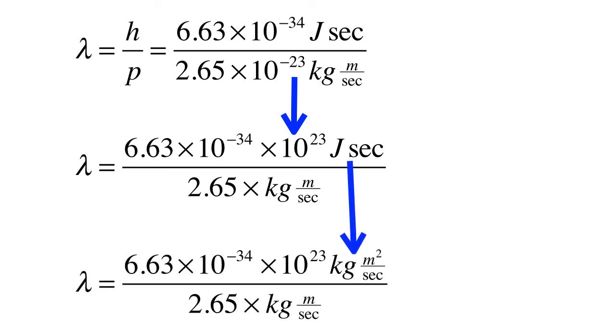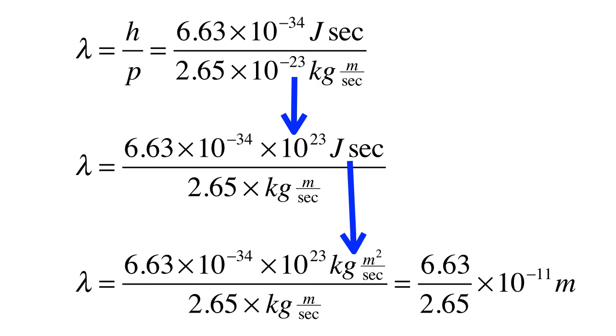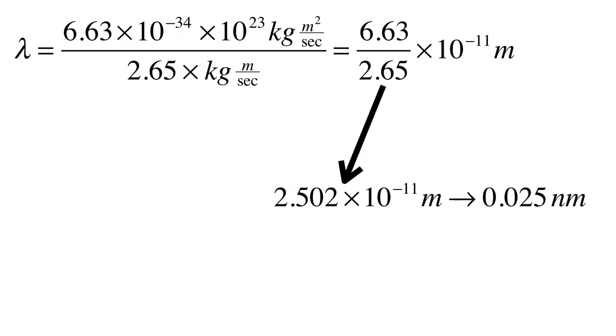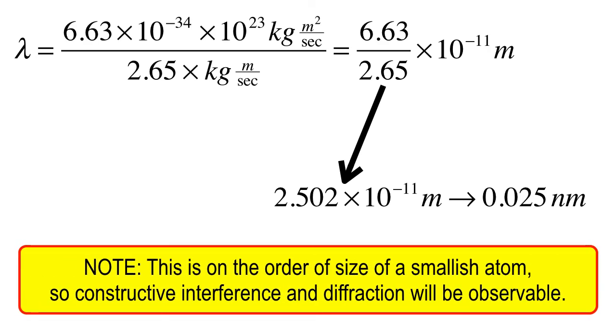So 10 to the minus 34 over 10 to the 23 is 10 to the minus 11. And then you got 6.63, you got some cancellations to do. And there's your calculation: 6.63 over 2.65 in the denominator, times 10 to the minus 11, and then meters. And then that works out to.